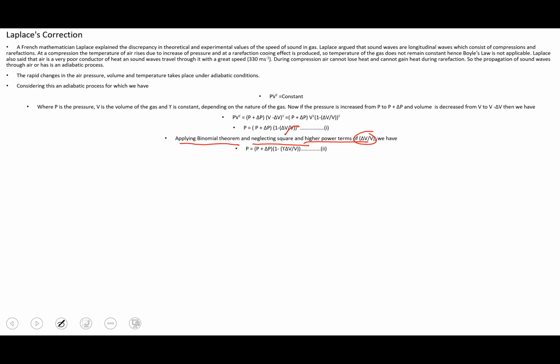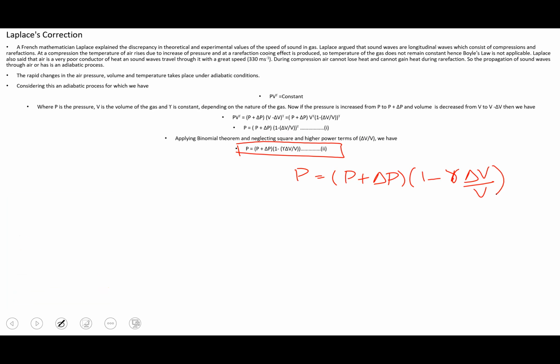So this gamma now comes into the coefficient part. Now if we multiply these values, first we multiply this P with these two terms, and then we multiply this delta P with these two terms, and then see what is left behind.